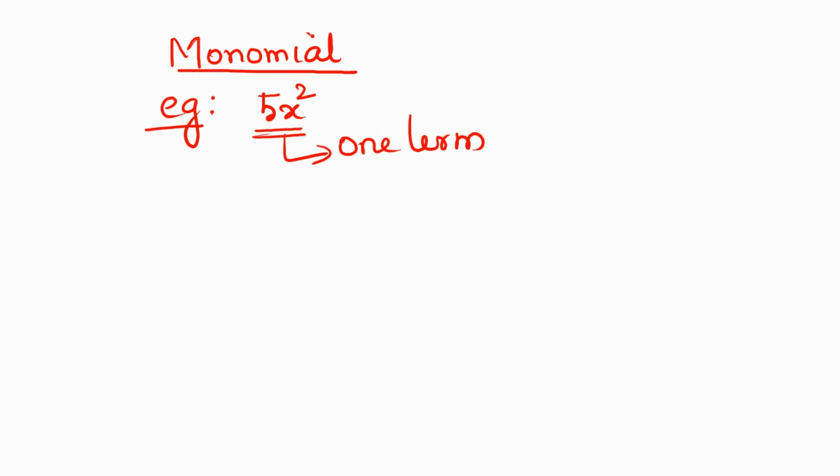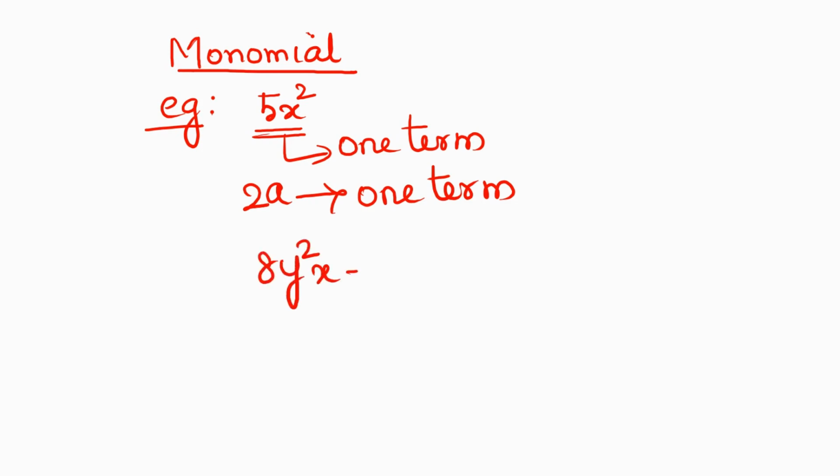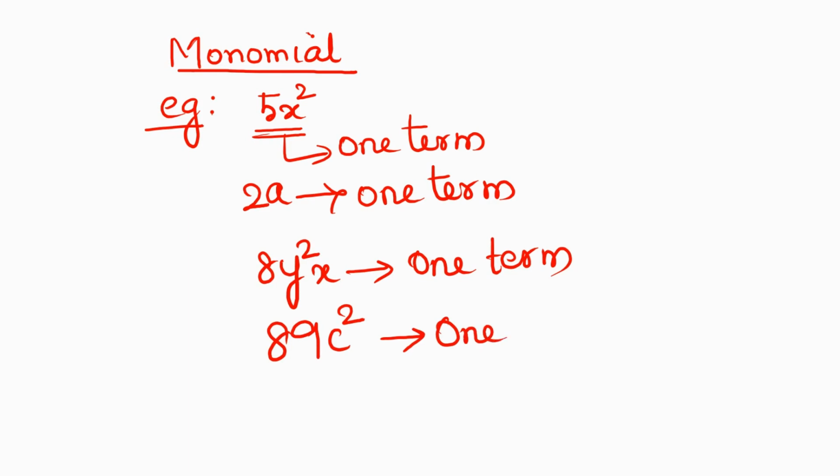Similarly, I can give you a few more examples: 2a, 8y square x, 89c square. All these are single terms, so they are called monomials.